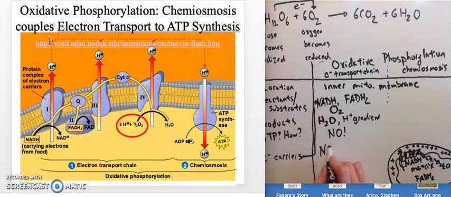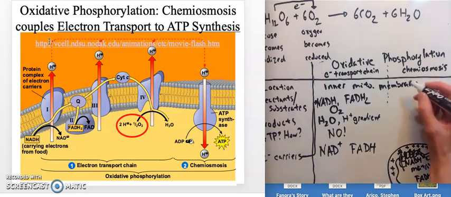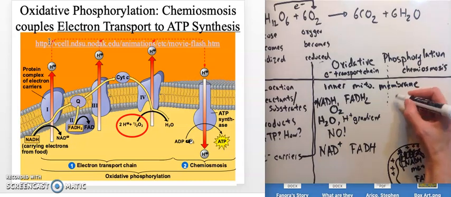Our electron carriers go back to NAD plus and FAD, okay? And now they can be reused in other rounds of cellular respiration to become reduced and gain electrons from other glucose molecules.